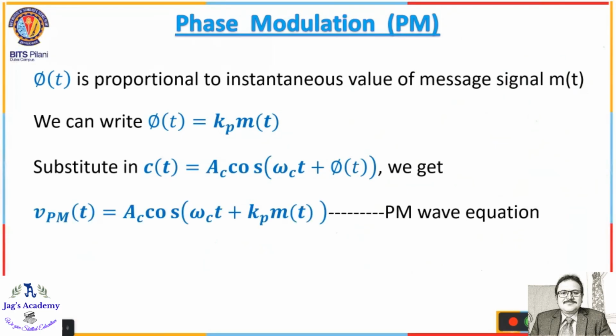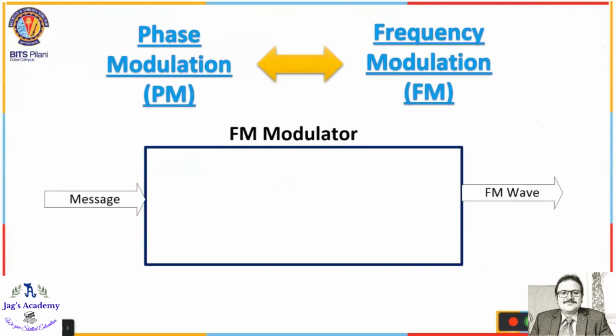Now, can you get one from another? You can, right? Now see here, you have to design an FM modulator. Your ultimate purpose is to design FM, right? But assume that you have been given a phase modulator. So what will you do now?